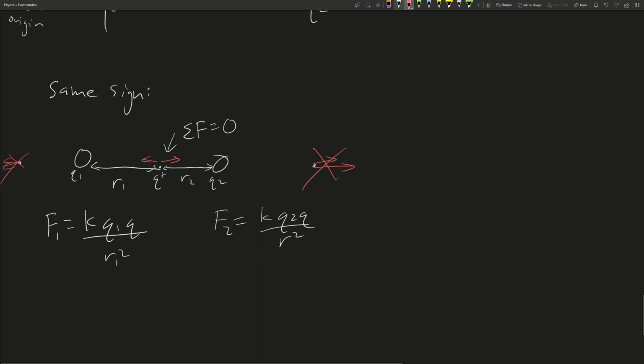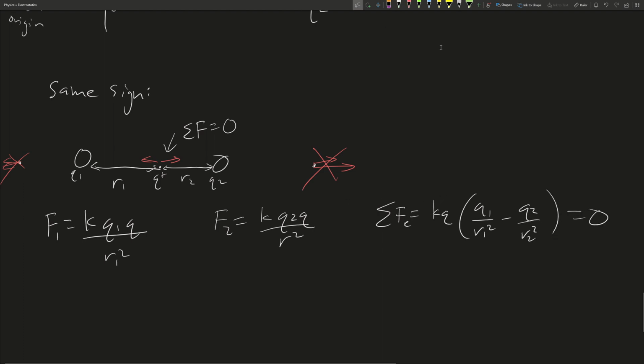And so, since they're in different directions, we subtract the magnitude of the forces. So the net force here is going to be equal to, and then we can factor out a KQ, Q1 over R1 squared minus Q2 over R2 squared. And we want this to be equal to 0.